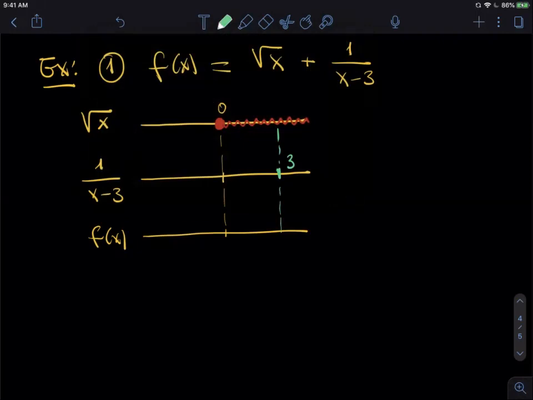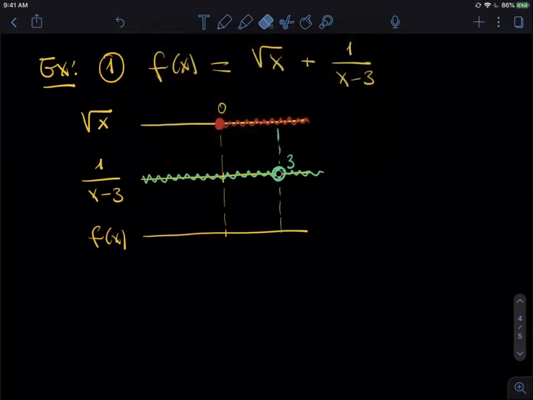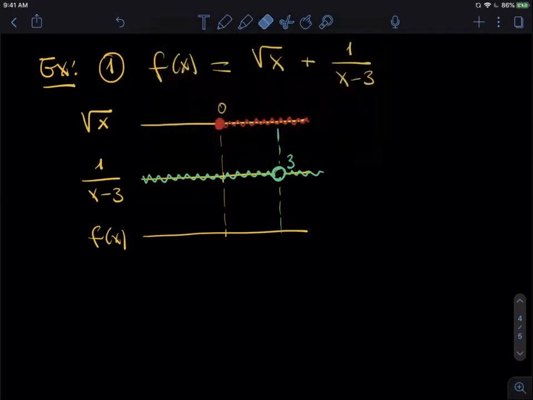But if x is different from 3, no problem. It may be positive, it may be negative, but it's always going to be defined. So here the domain is every possible number except for x equals 3. And we represent that with an empty ball, okay?